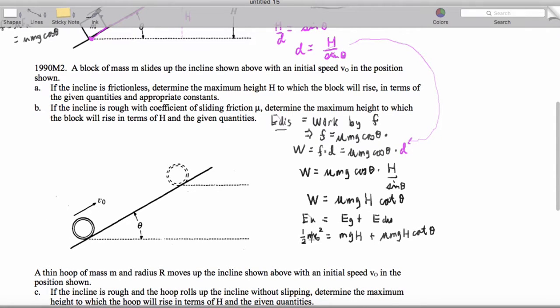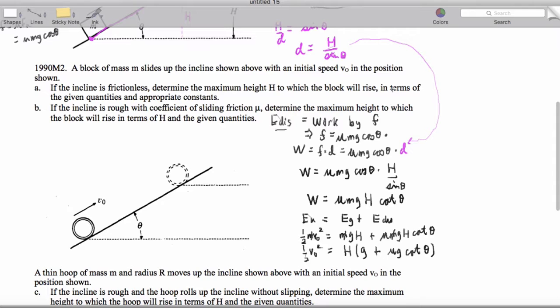So we see that m's cancel. We're trying to isolate h. So we're getting 1/2 v naught squared equals, I'm going to factor out h here, and this is going to be g plus mu g cotangent of theta.